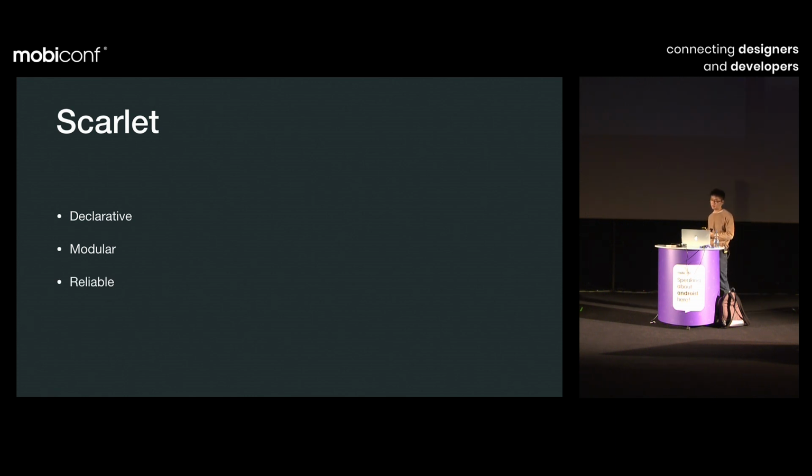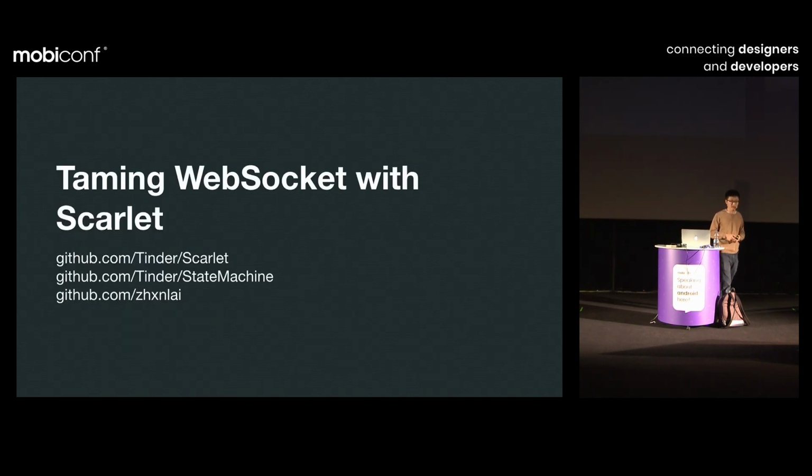And Scarlet is reliable because it's powered by a state machine with immutable states. Finally, Scarlet is evolving, and we're adding other protocols in addition to WebSocket to Scarlet. I hope Scarlet can make your life easier, and here's how you can start tomorrow.